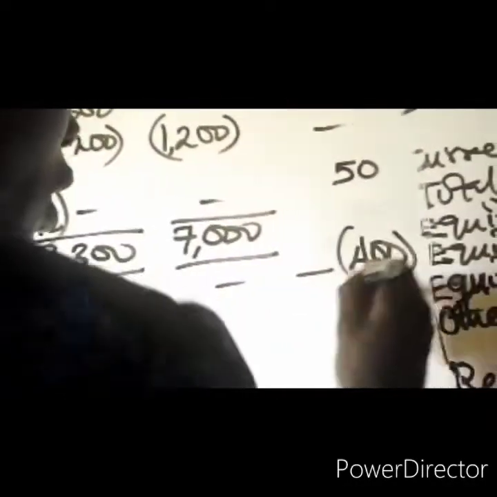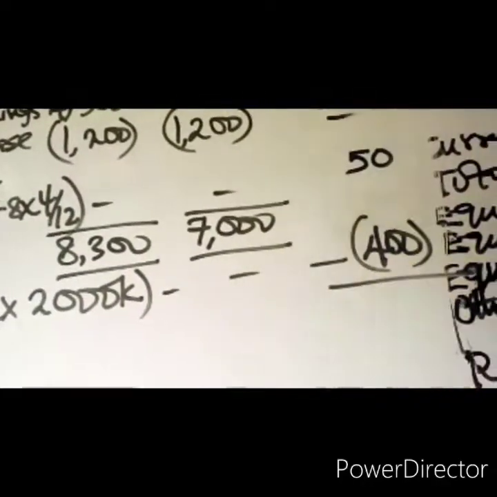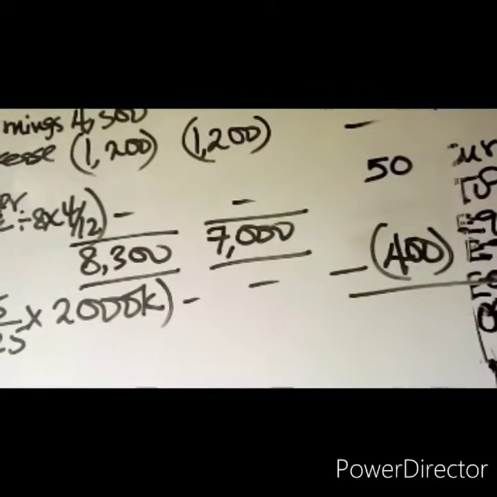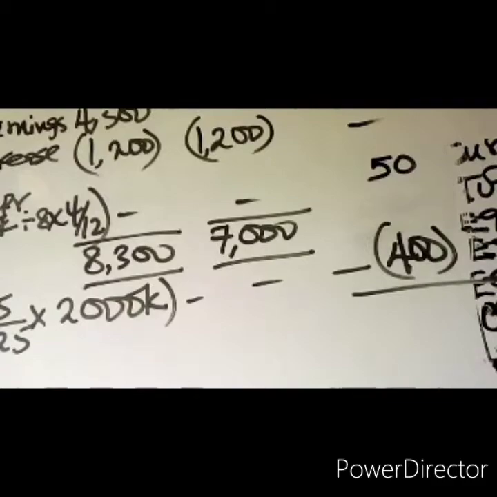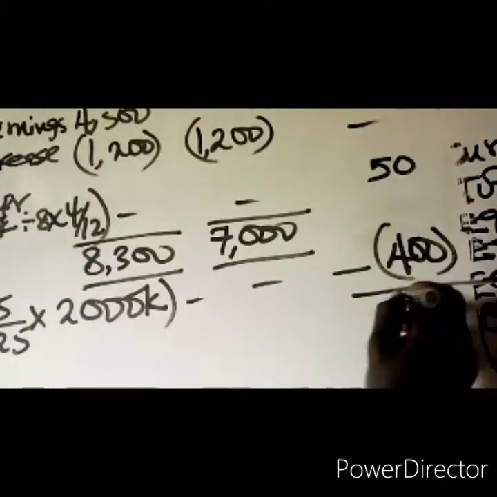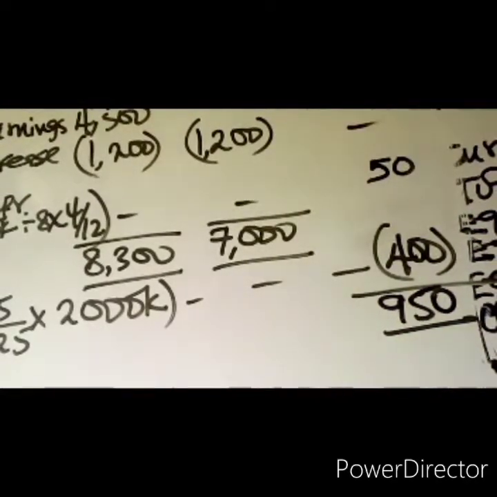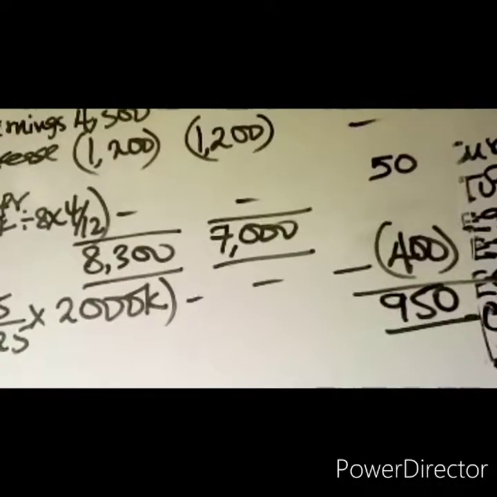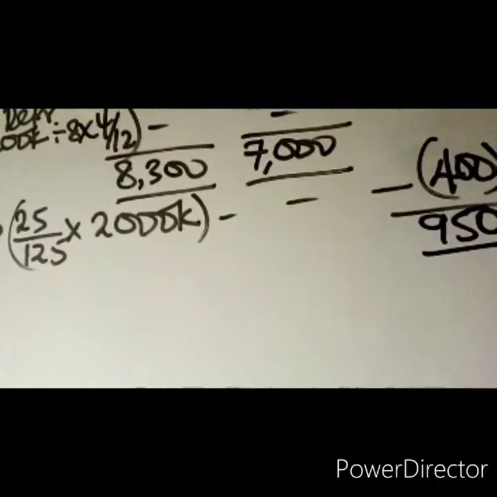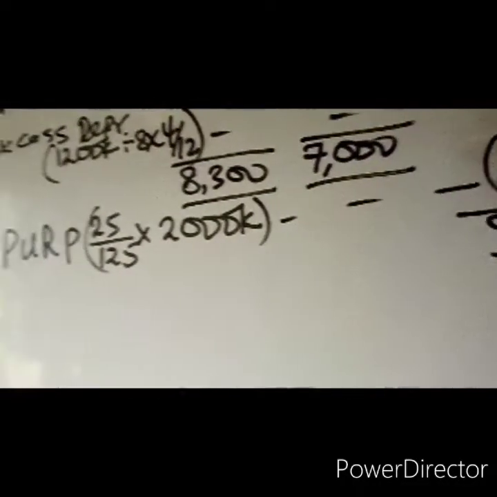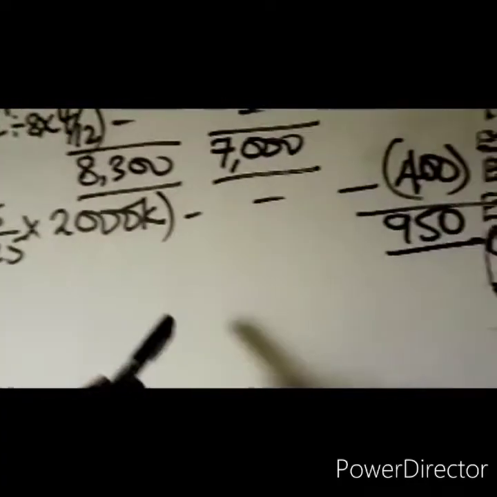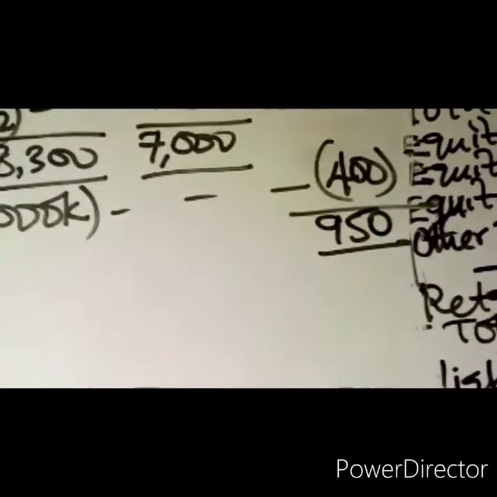So the adjusted profit of the subsidiary is 1,350 minus 400, which gives 950. That is the adjusted post-acquisition profit of the year of the subsidiary, which we have used in calculating NCI for the consolidated statement of profit or loss.